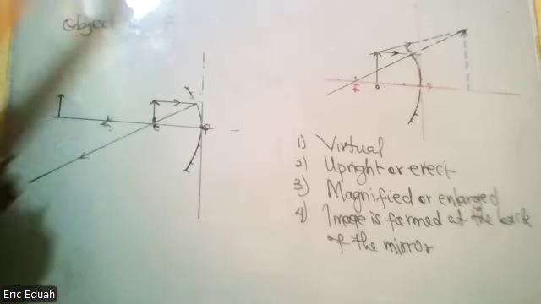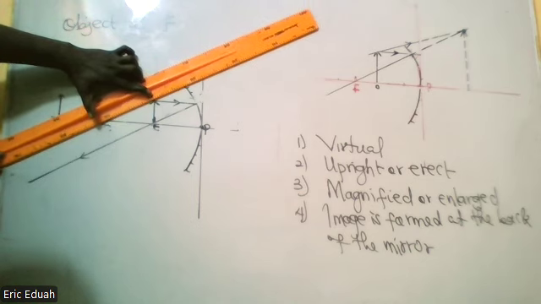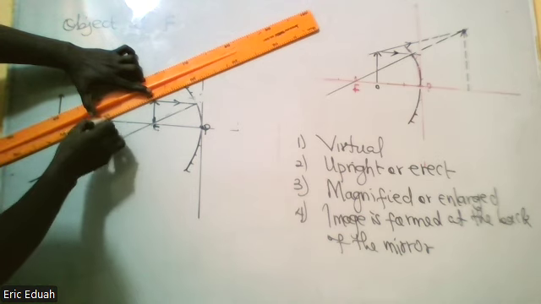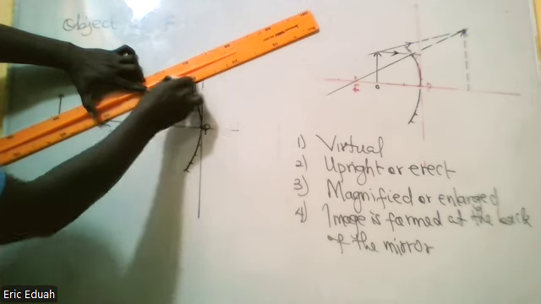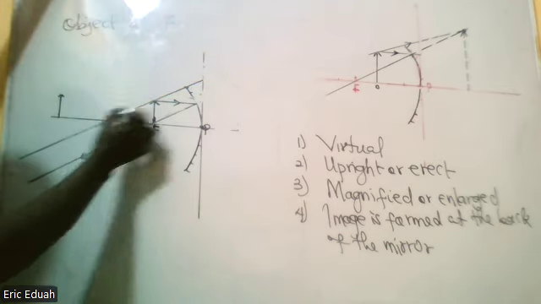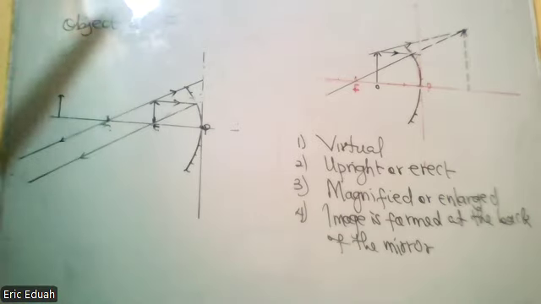Then a ray of light hitting the mirror at 90 degrees reflects along the same path and then passes through C. So incident, reflection.